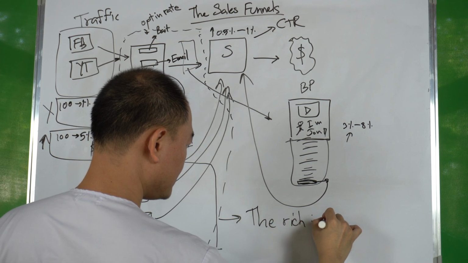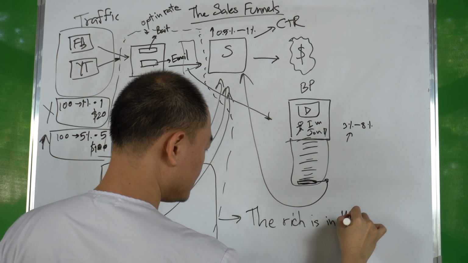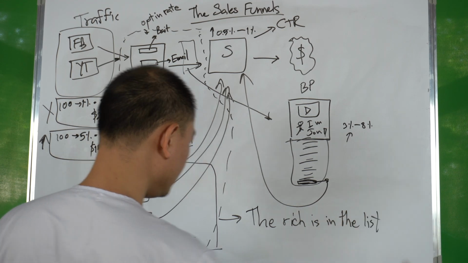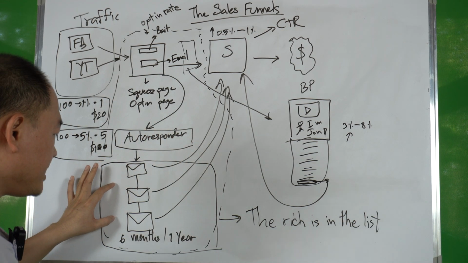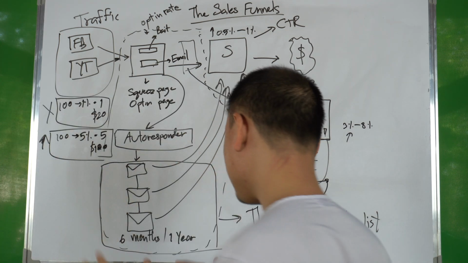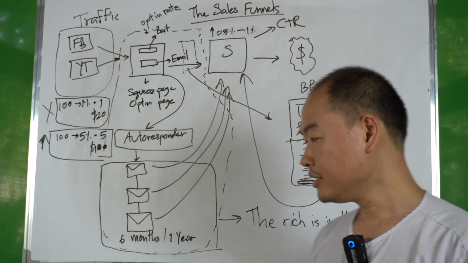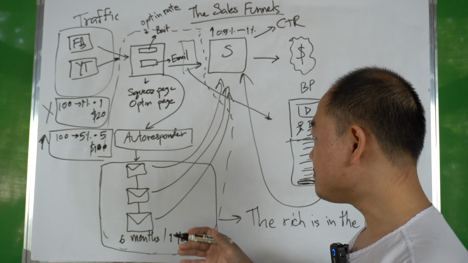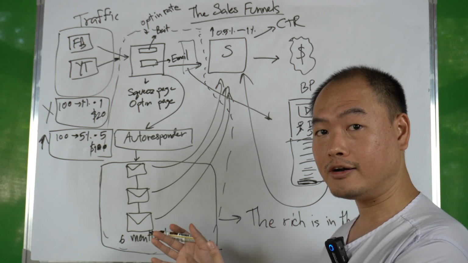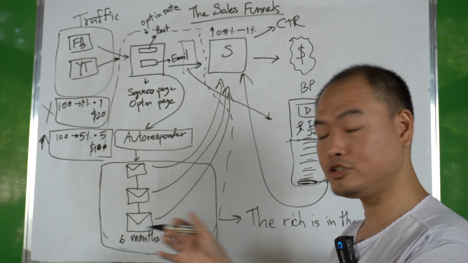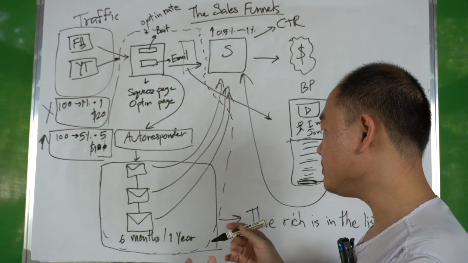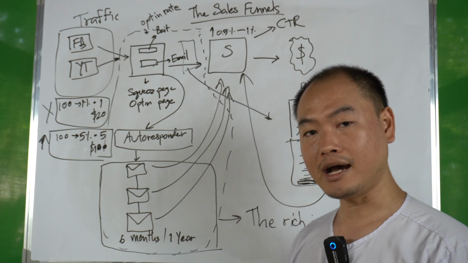So that's why people say the riches are in the list. By having very active subscribers to your email list, you can not only promote the product this time, you can also promote products to them in the future, as long as the relationship between you and your subscribers is very good.